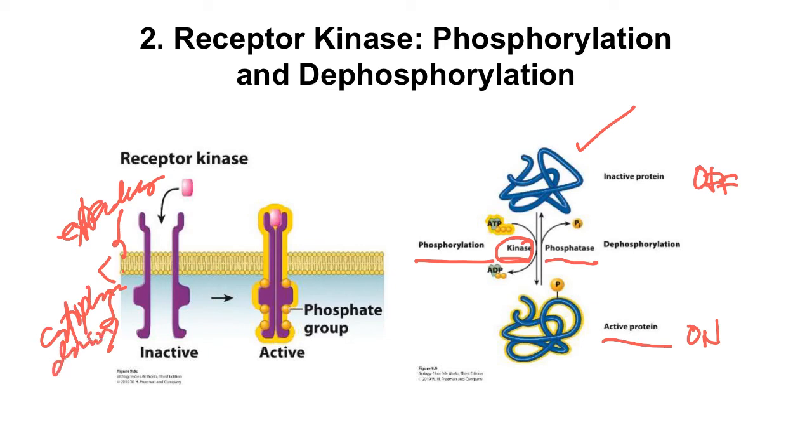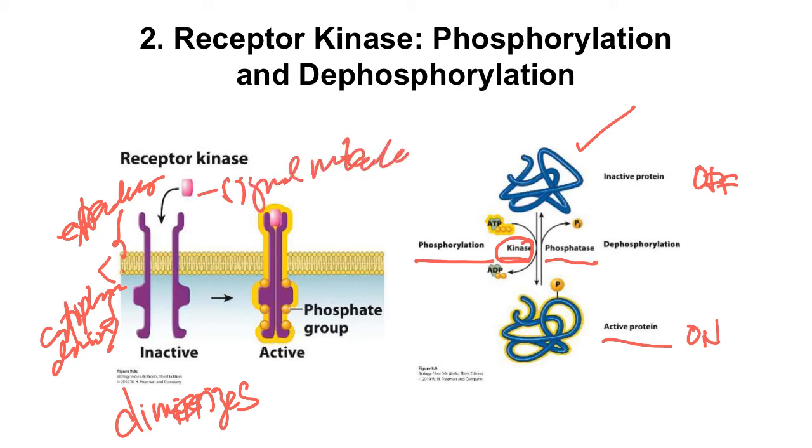And many receptor kinases are actually dimers. They are made of two polypeptides that dimerize upon the binding of the signal molecule. So this is the signal molecule.